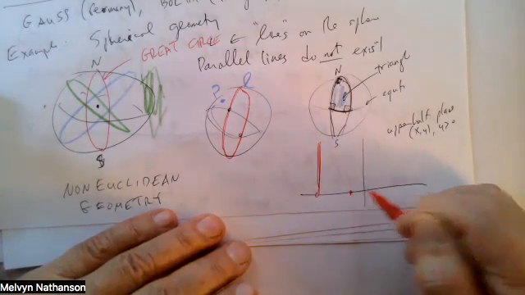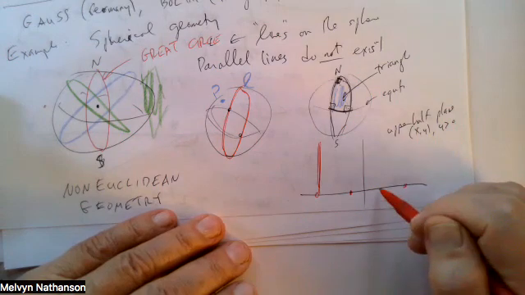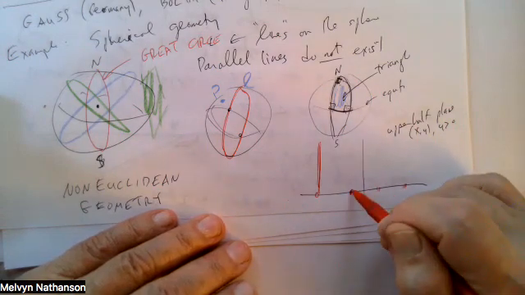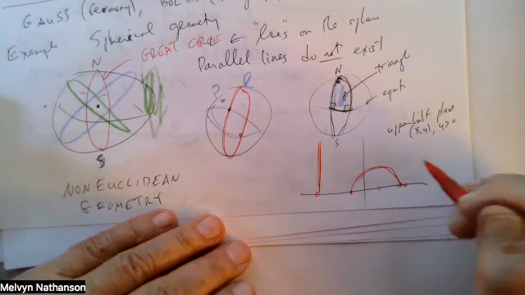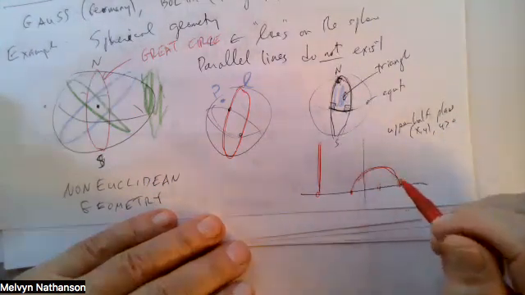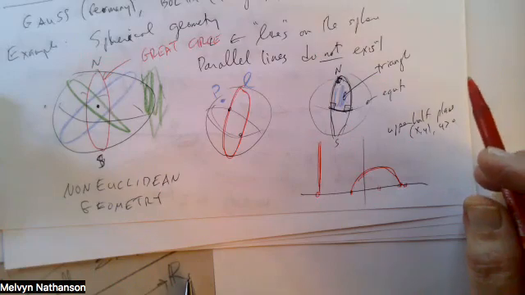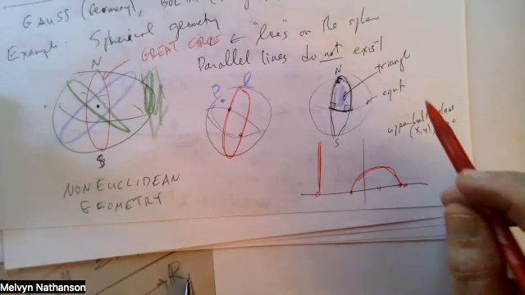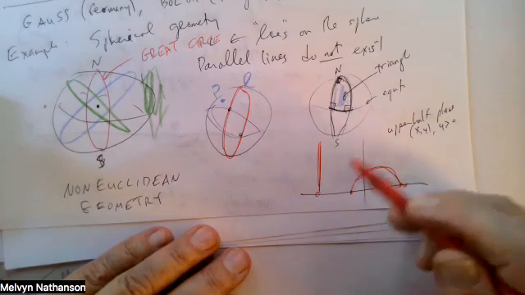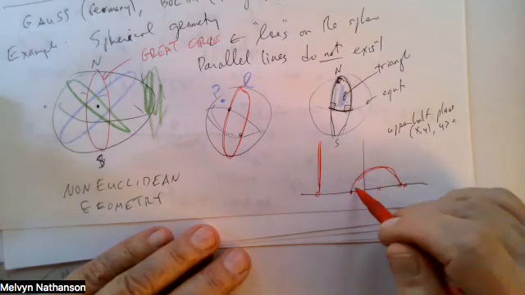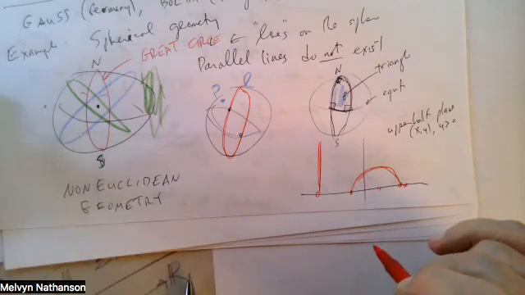And if we take any 2 points on the x-axis, take the midpoint, there's a unique semicircle joining those two points, and we also call this a line. So in the upper half plane, we can define a line as being either a line perpendicular to the x-axis or a semicircle joining 2 points on the x-axis.